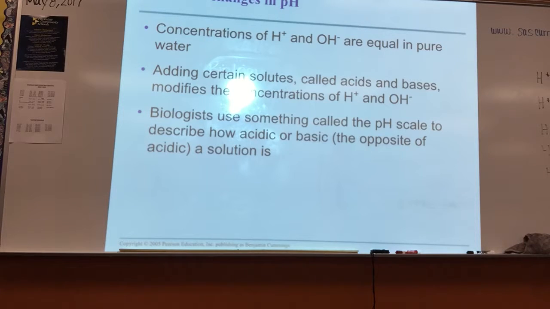If we added an acid to pure water, does anybody know what acids do? I'll tell you this, acids change the concentrations. Here we have equal concentrations of H pluses and OH negatives, and they change that by doing something.